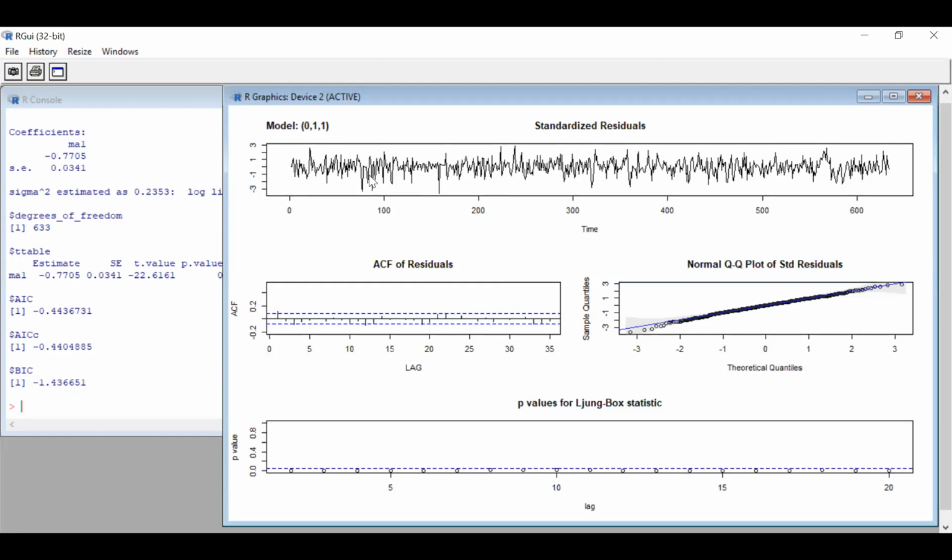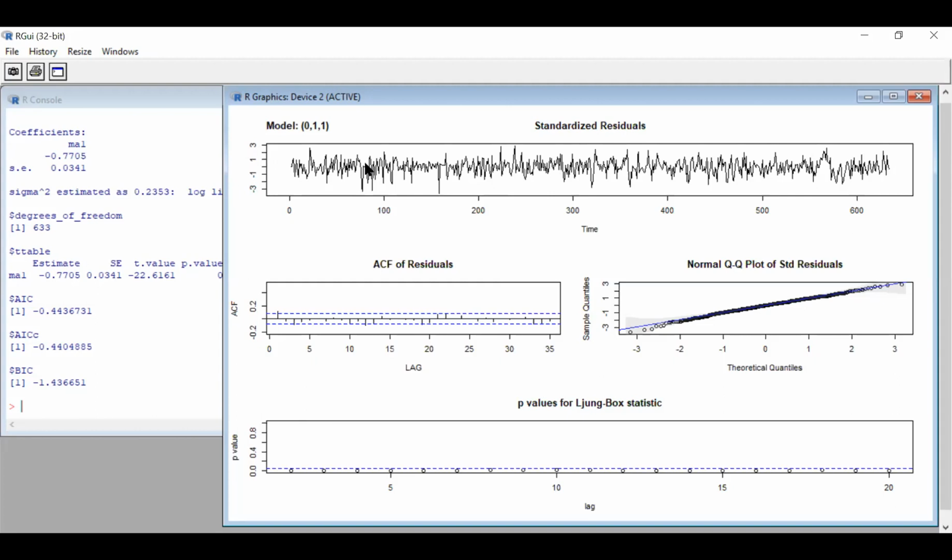The standardized one means we can think about the normal distribution, because at the beginning we assumed white noise was IID normal with mean equal to 0 and constant variance. So from the first plot, every standardized residual is between -3 and +3.